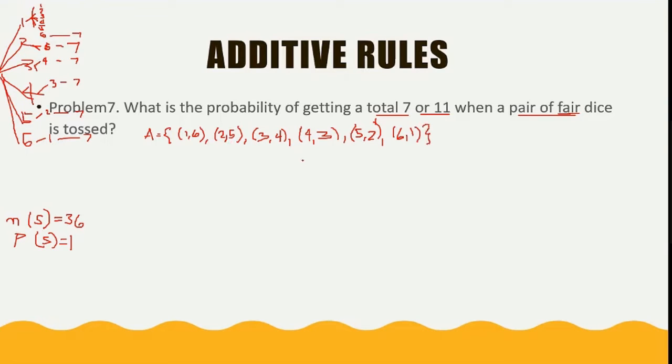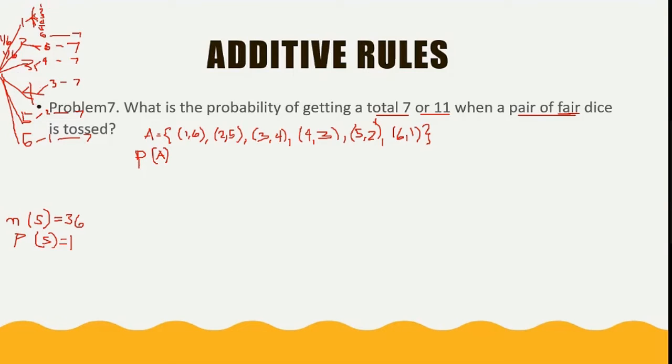Okay. Now, what is the probability of getting an A? So we know here that this is a pair of fair dice. Each of these has 1 over 6 probability that the number will occur.